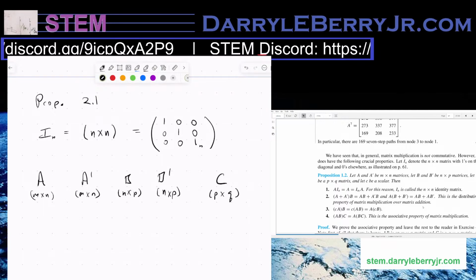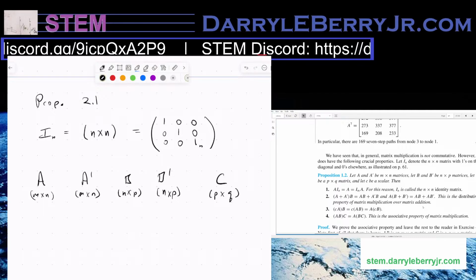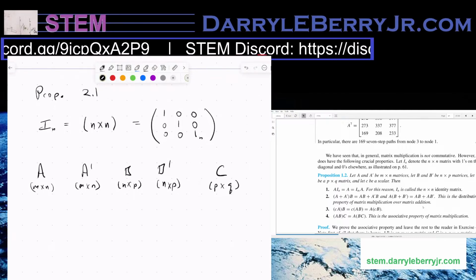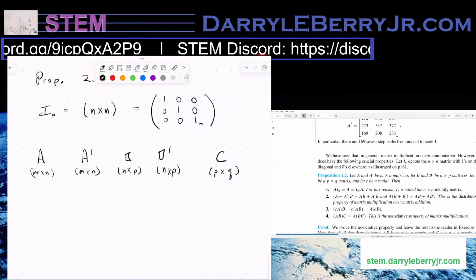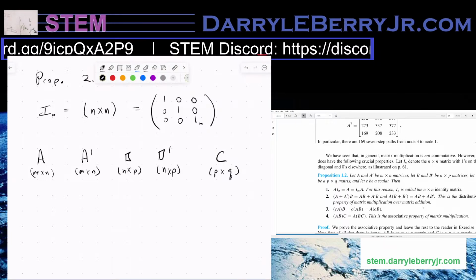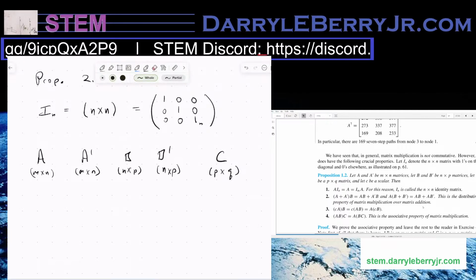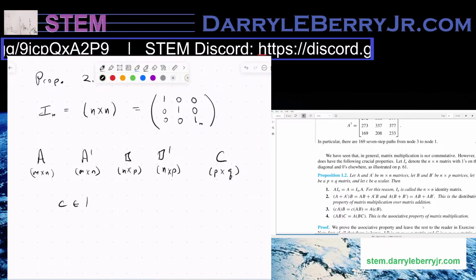So C could only be multiplied to B or B prime, B's can be multiplied only to A, and c is a real number.